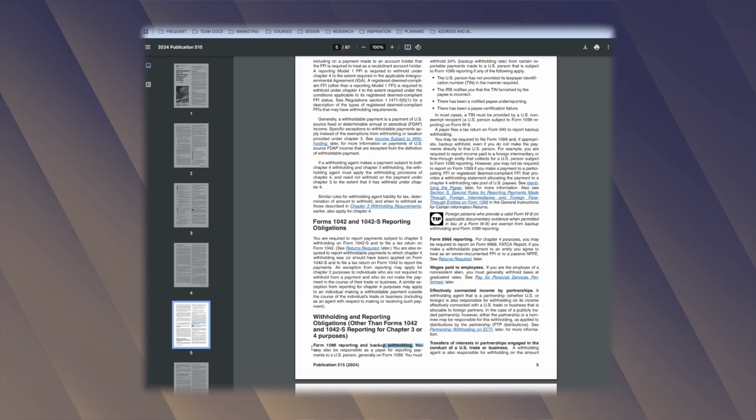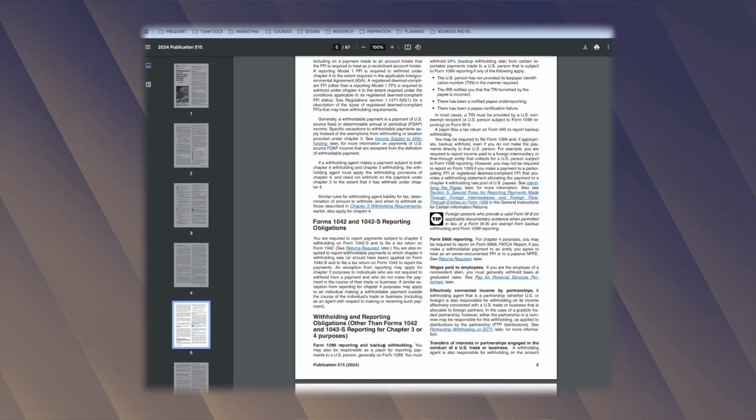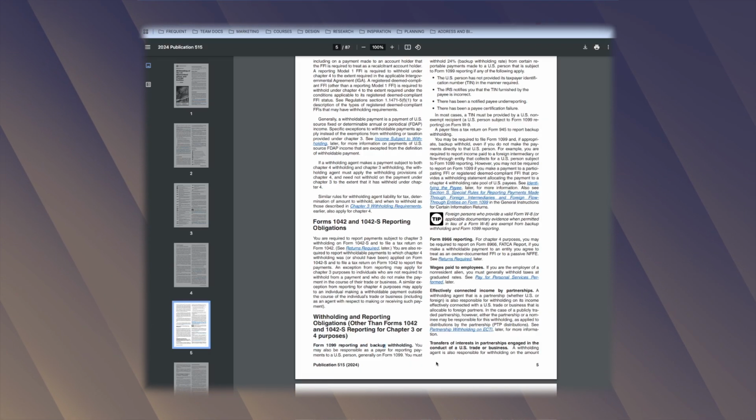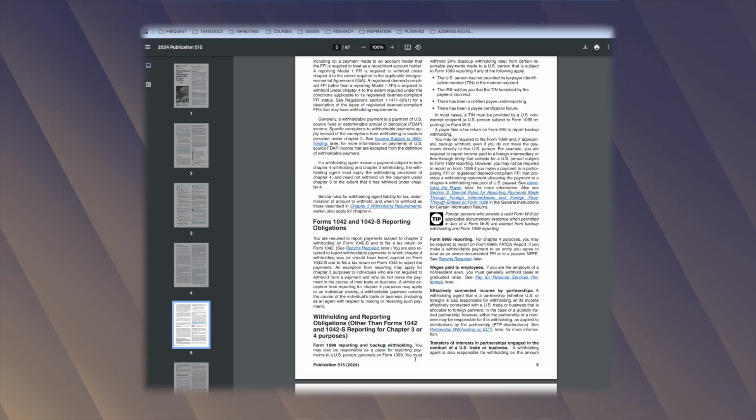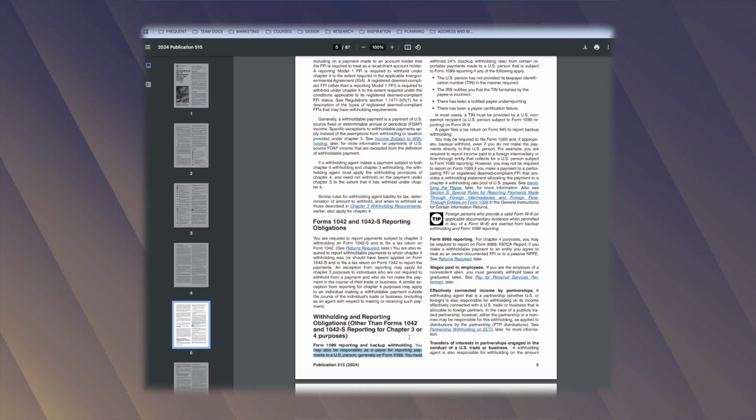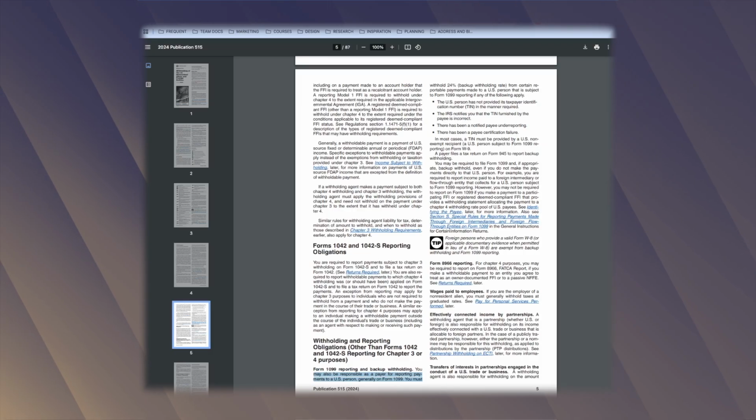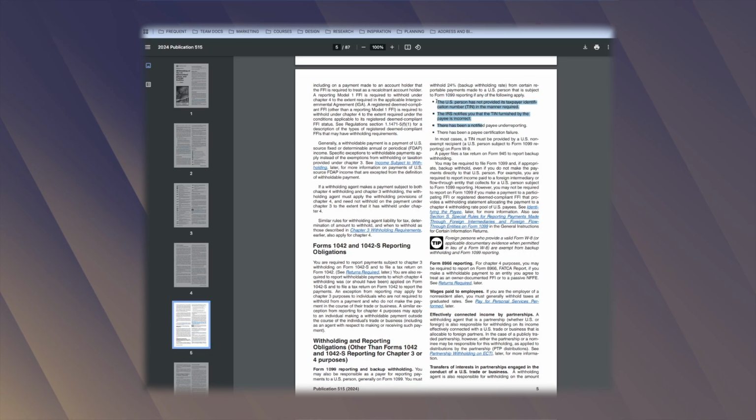Now let's look down here. Form 1099, reporting and backup withholding. You may also be responsible as a payor for reporting payments to a U.S. person, generally on a Form 1099. You must withhold 24% of payments you made to that person if the following apply. They don't give you a TIN. They don't share the information with you. So basically, if you're paying Americans, but they won't give you the right information, you should penalize them by withholding taxes.